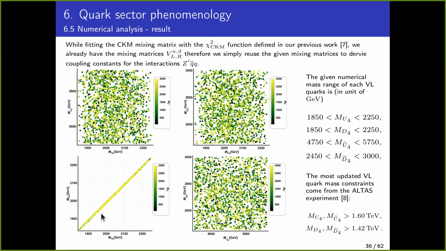And then I just changed some axes here. If you take a look at all the plots, they show no correlations. Instead, they just tell you the possible range of each quark mass.